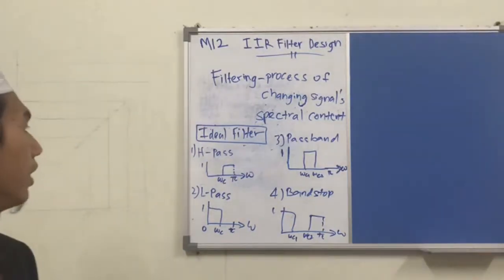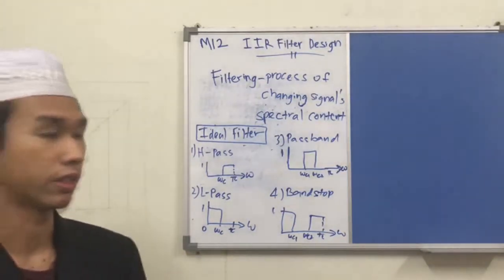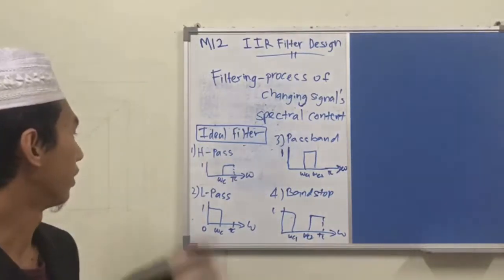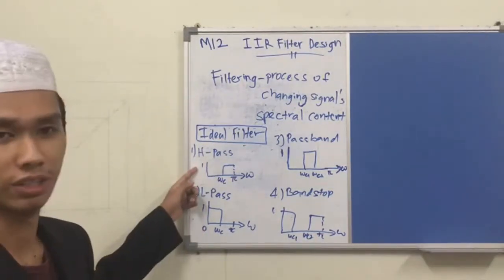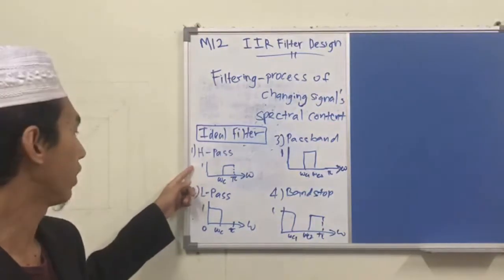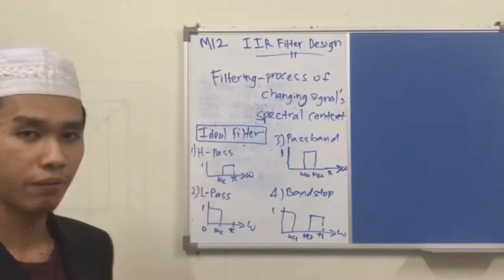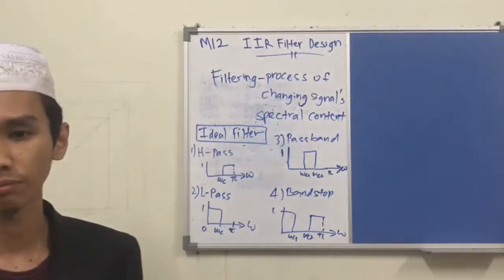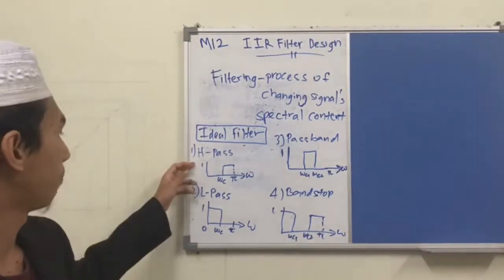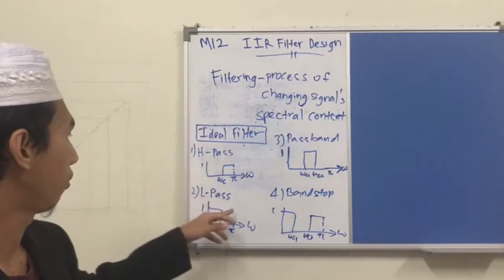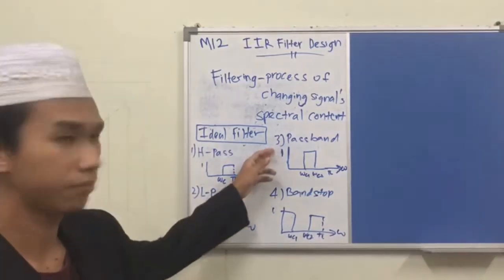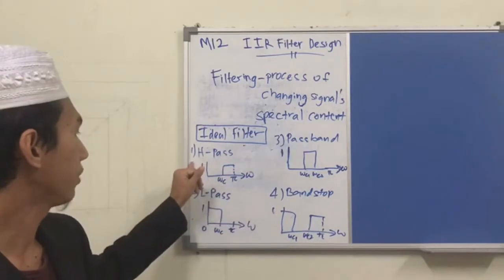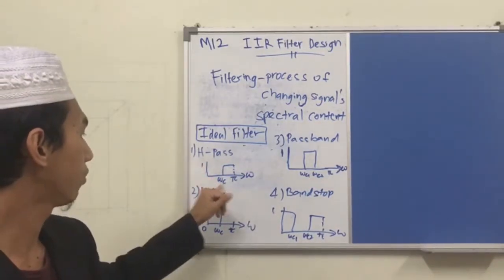And then this is an example of the types of ideal filter. This is the high pass filter, where the only parameter used is the cutoff frequency, which is omega c. High pass filter, low pass filter, pass band filter, and band stop filter. High pass filter is 1 for omega c to pi.